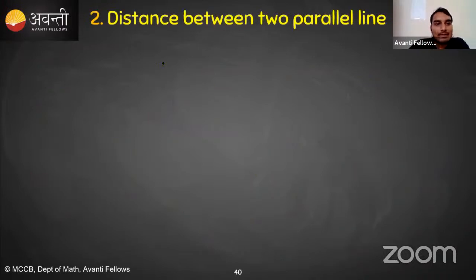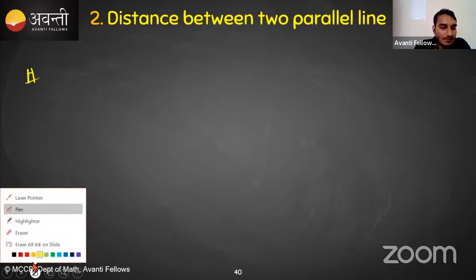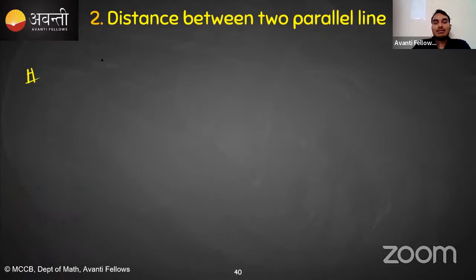Now the second one, in a similar way: the distance between two parallel lines. One thing you should note is that whenever I talk about distance, by default we are talking about the perpendicular distance. Even if the question just asks for the distance between lines, it makes sense to find the perpendicular distance.